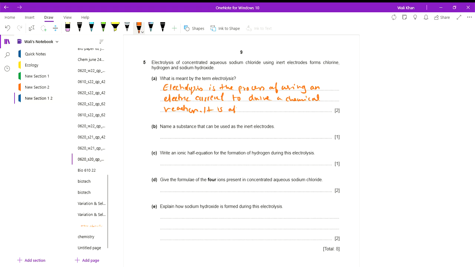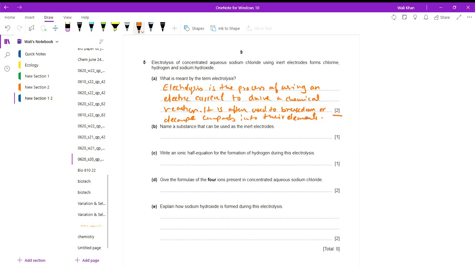It is often used to break down or decompose compounds into their elements. So आपने comprehensive definition जो है electrolysis की, 2 मार्क्स का है. आप comprehensive सी definition जो है वो ऐड करनी है.